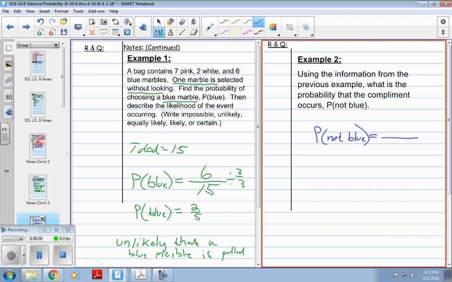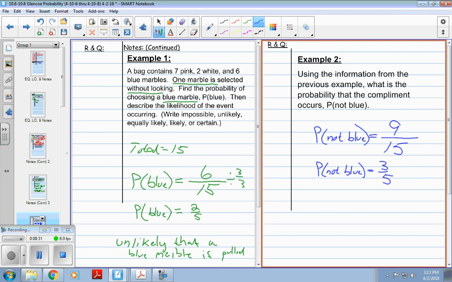Yeah, you're right, there's 9. How many marbles are in total? There's still 15. Once we simplify the not blue fraction, it comes out to be 3/5, or 60%, or it is likely we pull out a not blue.